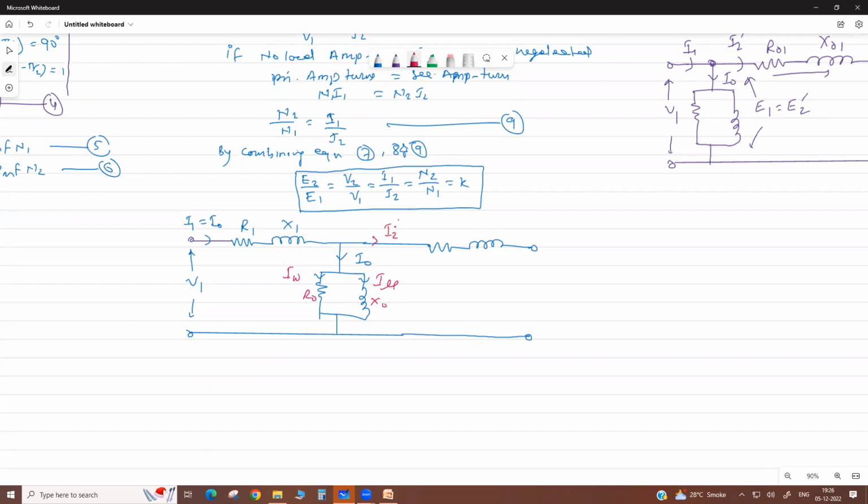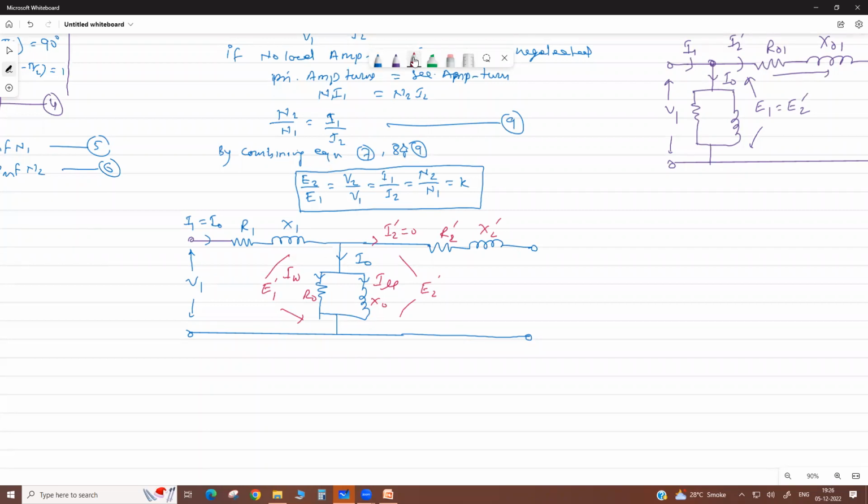At no load I2 dash is 0, but R2 dash and X2 dash are also there. At no load this voltage E2 dash equals V2, and here it is E1 dash.